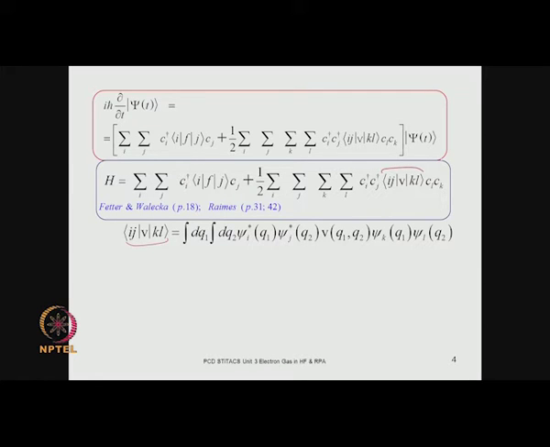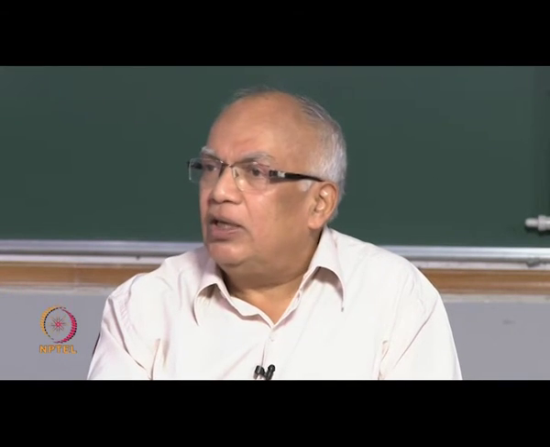And you have the two center integral, the ij v kl, which is this double integration over q1 and q2. Each variable is actually a set of 4 variables, because there are 3 space coordinates and one spin coordinate. So, integration over one variable is equivalent to integration over 3 continuous variables plus the summation over the corresponding spin index.